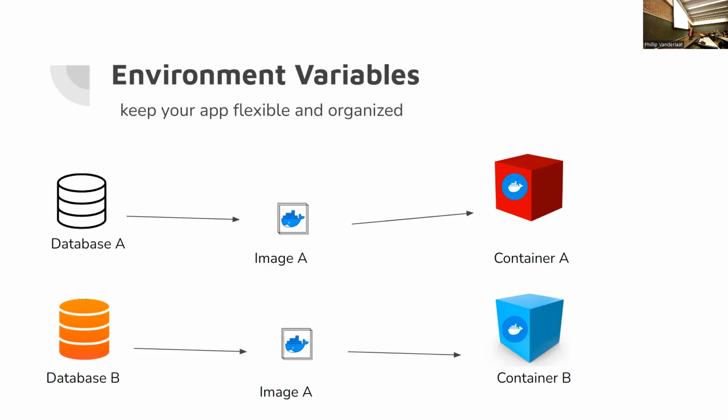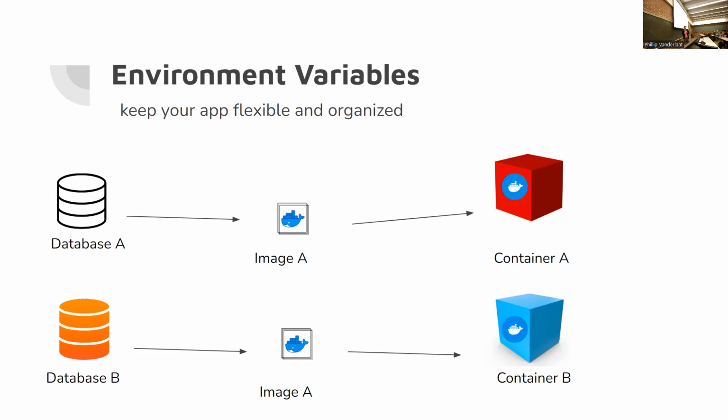So instead, we use environment variables, and these are set alongside the image when you're launching a container. They're just variables which you can use in parts of your code, for instance a link to a database, that will be used in various parts of the code and effectively create different actions in these containers when they're run.